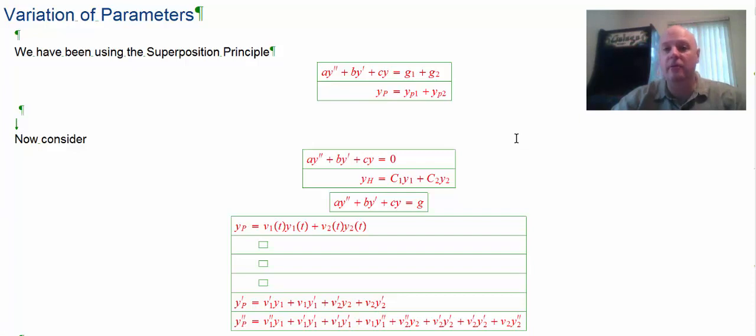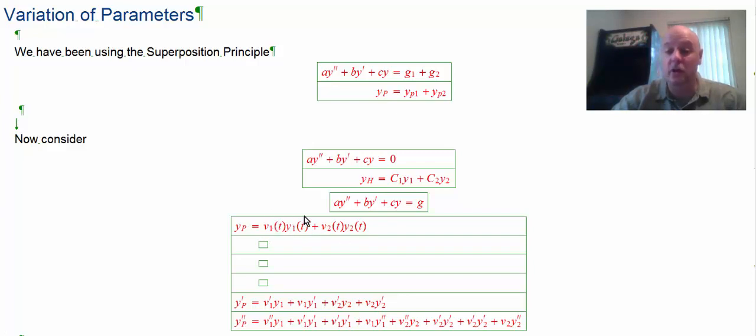So variation of parameters is a method to get the particular solution. Now if I take a linear combination, in other words a constant times y1 plus a constant times y2, I know if I sub that into the left-hand side of the differential equation, 0 will come out. That's the homogeneous solution. So our idea here isn't to take constants, it's to take a function times y1 plus a function times y2.